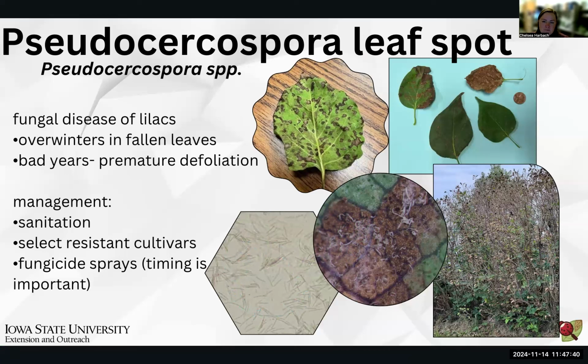So fungicide sprays, once the disease has shown up, are again not really going to be helpful. The fungicide sprays are not curative. They need to be proactive, like a protectant. But generally, our lilacs are pretty tough plants. I did hear some stories of people cutting back their lilacs because they thought they were dead.